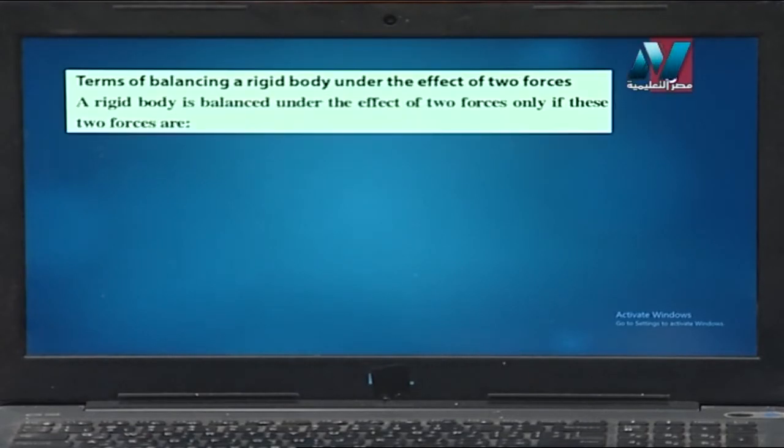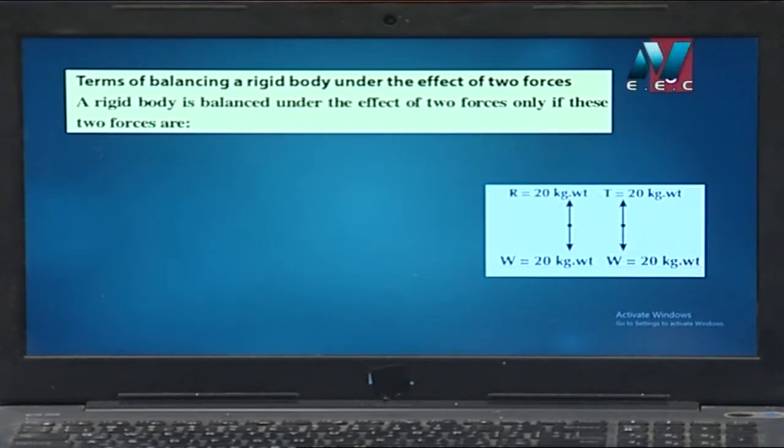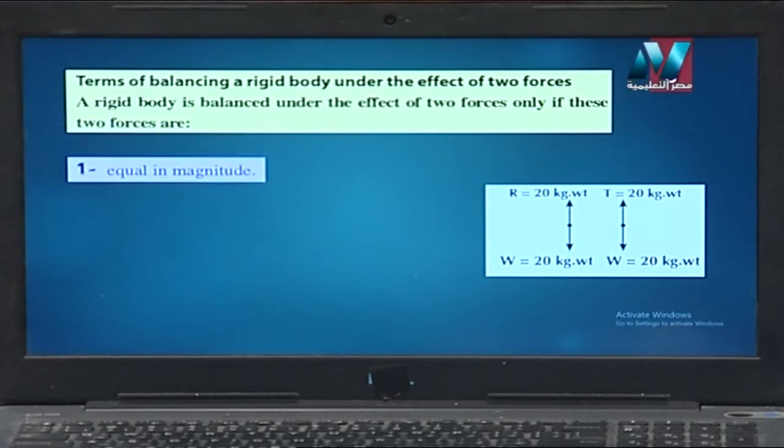Conditions of balancing a rigid body under the effect of two forces. A rigid body is balanced under the effect of two forces only if these two forces are equal in magnitude, opposite in direction, and their lines of action are on the same straight line. Yes, the same drawing here, we have a body affected by two forces, one of them downward and the other upward.